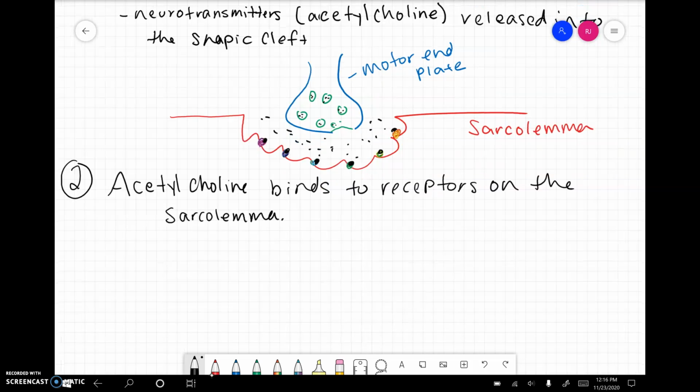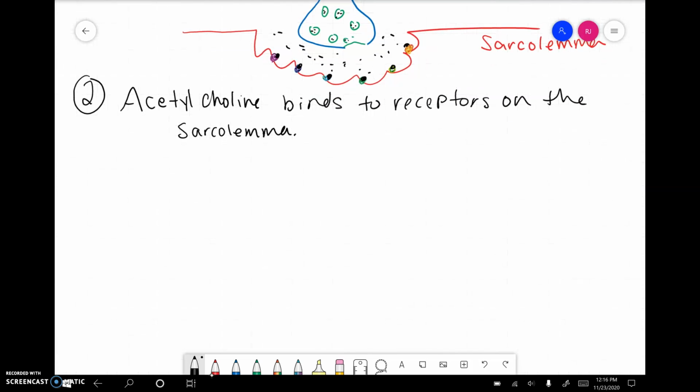But if we keep going here, we know that our sarcolemma is that membrane of our muscle tissue. So step 3 is we're going to be looking at some other things that surround those muscle fibers, which is our sarcoplasmic reticulum and our T tubules.